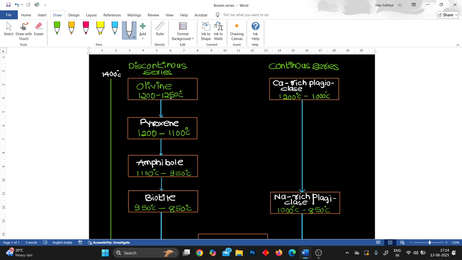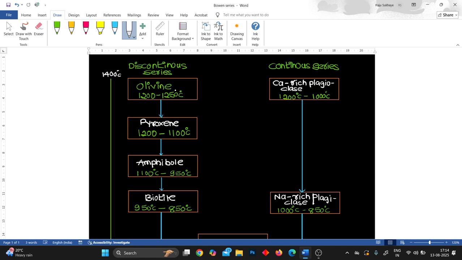So here you can see this is a discontinuous series, this is a continuous series. Why is it called the continuous series? Because here the minerals that belong only to plagioclase are getting formed. It might be calcium-rich plagioclase at one end and sodium-rich plagioclase at the other, but here all the mineral groups are different.